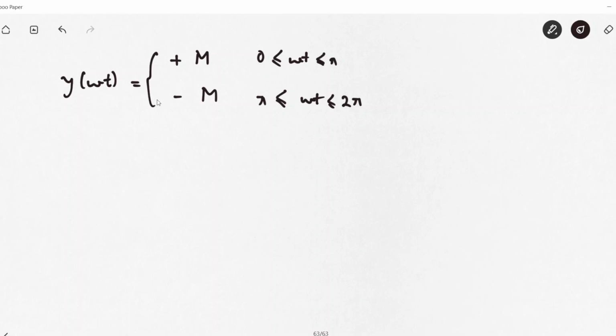Now we need to check for the symmetry and whether this function is an even function or an odd function. Looking at the waveform itself, we can directly say that the function has odd symmetry, and it is also half wave symmetrical.